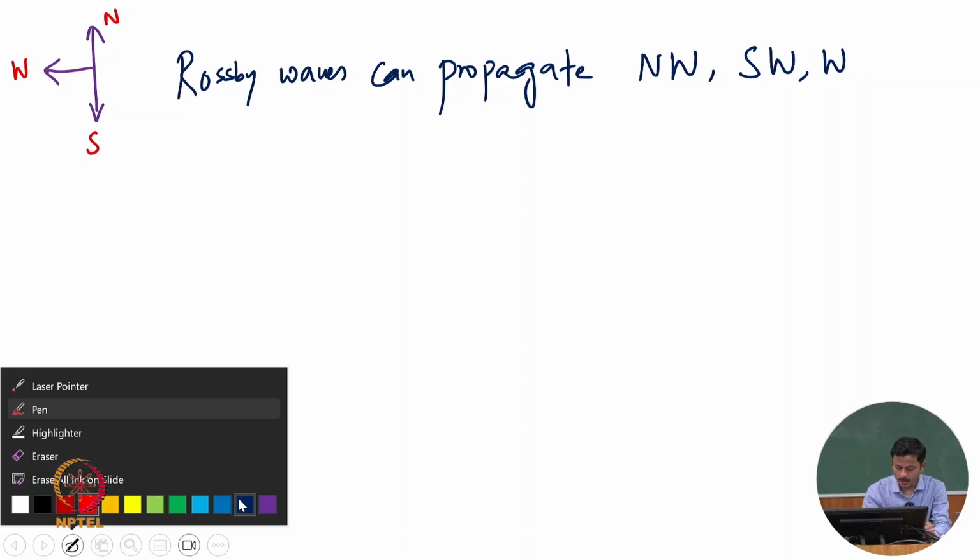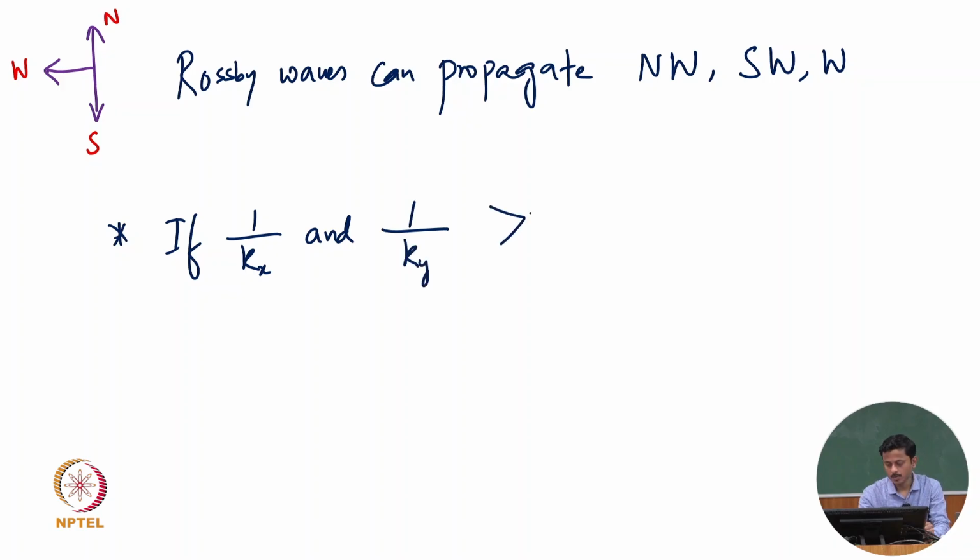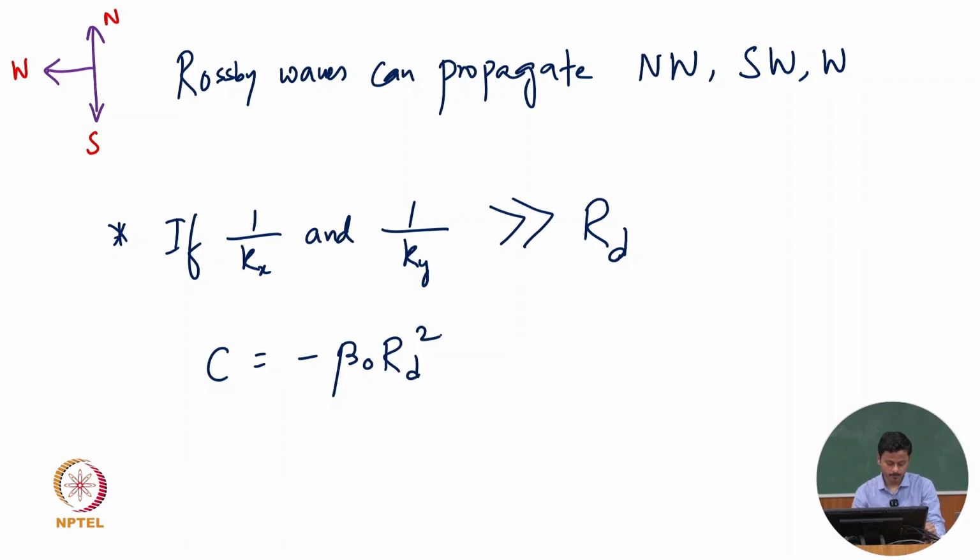So now, another observation: if 1 over kx and 1 over ky are much larger than the Rossby radius of deformation, that means the wavelengths in both directions are much larger than the Rossby radius of deformation, then we have C equal to minus beta naught Rd squared.